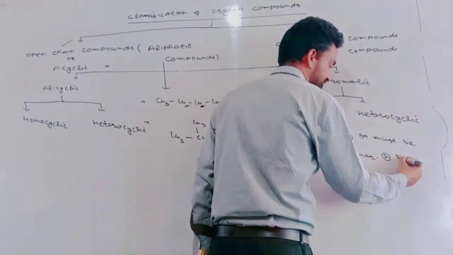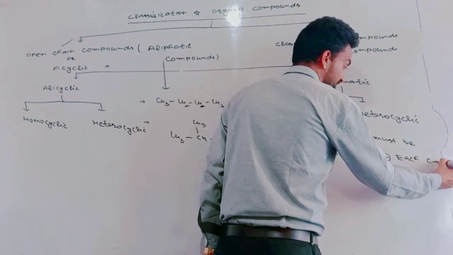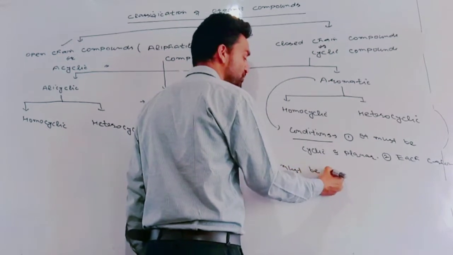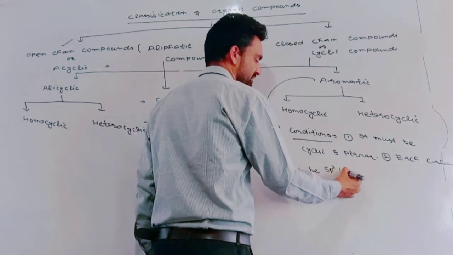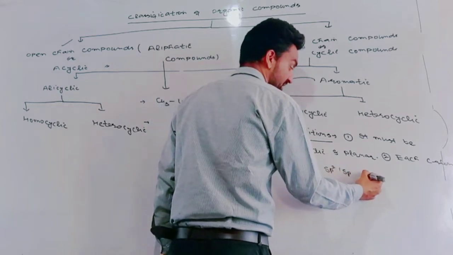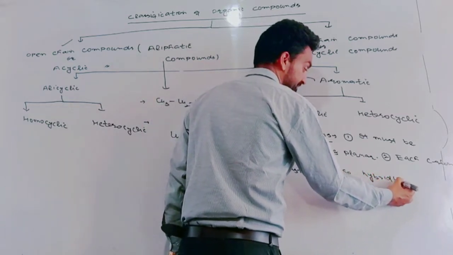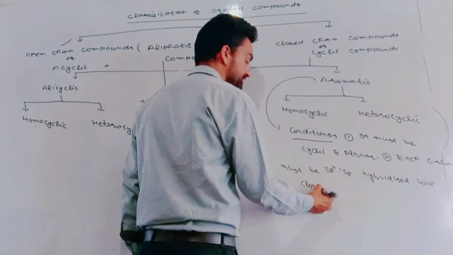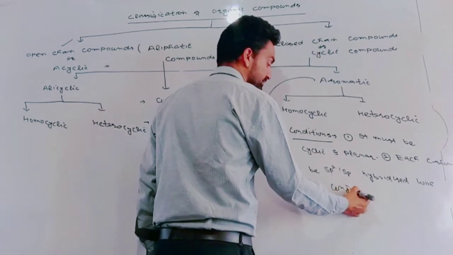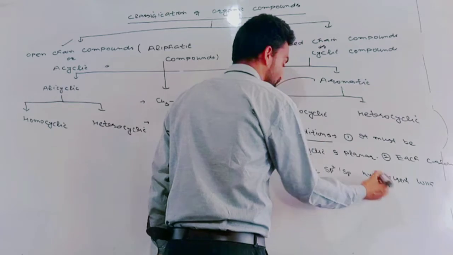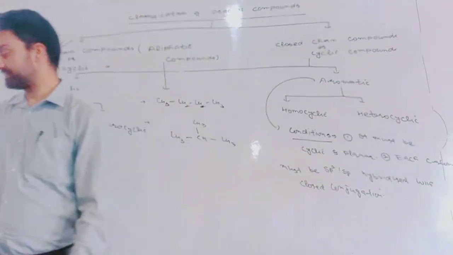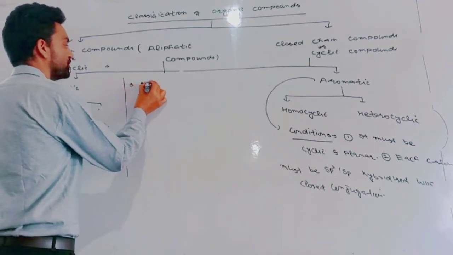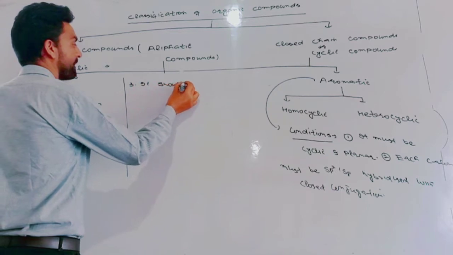Each carbon atom must be usually sp2, sp also, right? sp2 hybridized with closed conjugation. What is the third point? It should obey Huckel's rule.